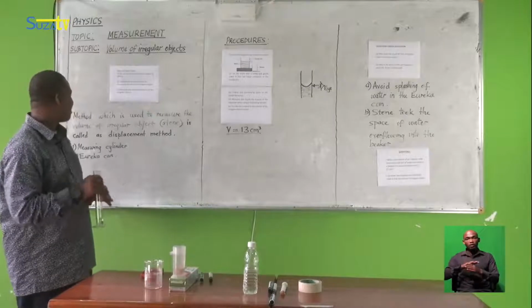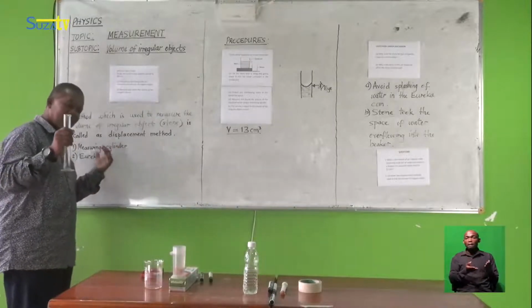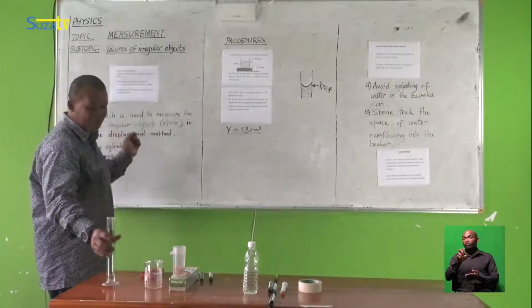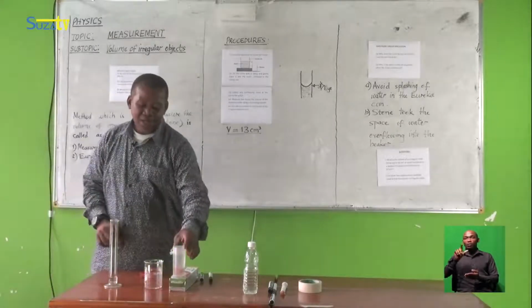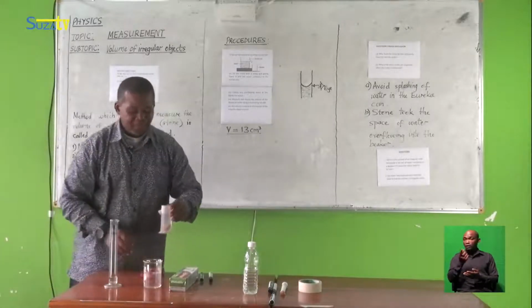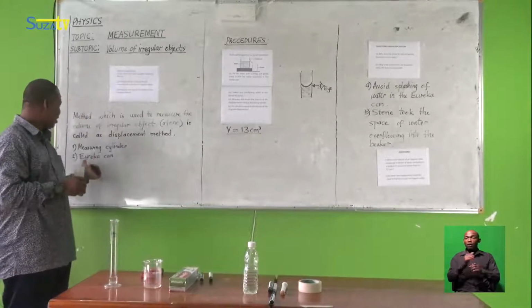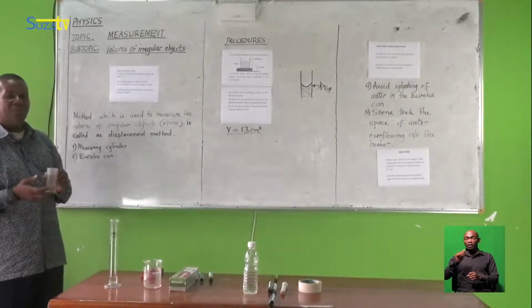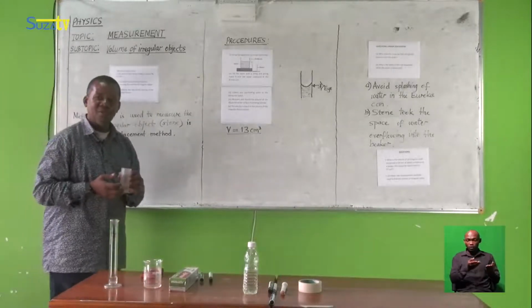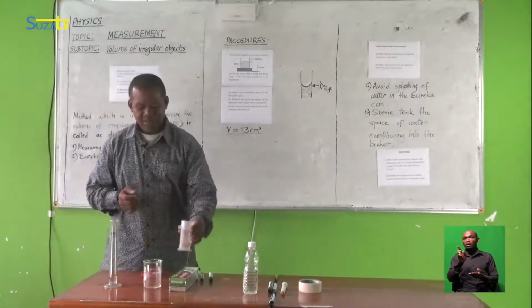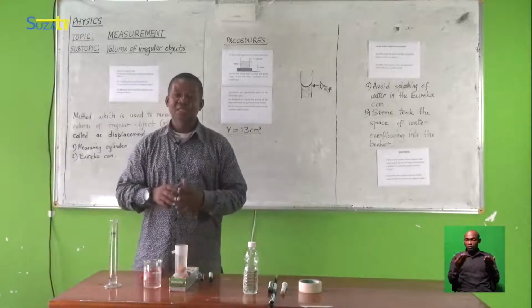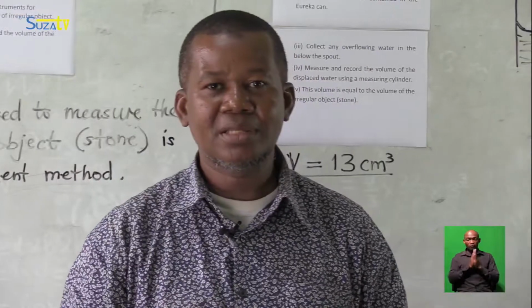And here we have seen that we can use a measuring cylinder to find the volume of an irregular object like a stone. Also, we have said that we have the Eureka can that can be used to measure the volume of an irregular solid. So until then, here is the end of today's lesson.